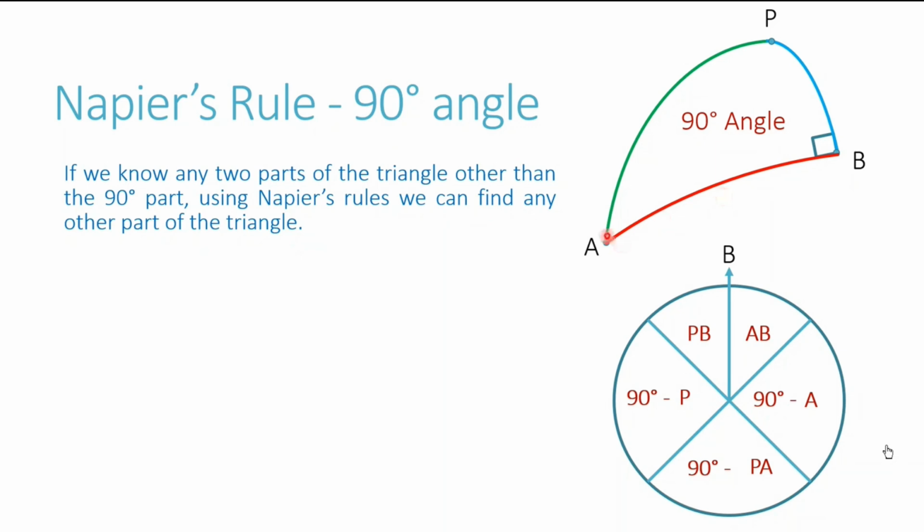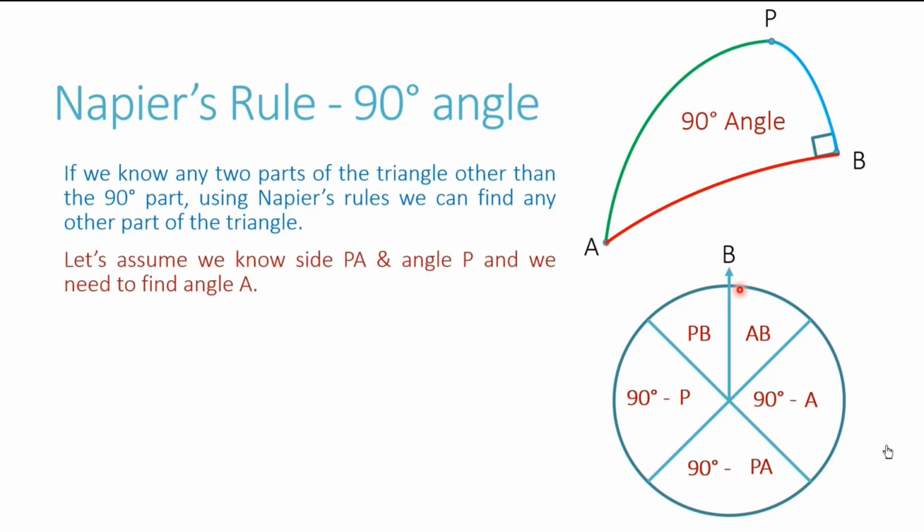So this is the same PAB triangle which we had in the previous slide, and the same cartwheel is filled up at the bottom part. So exactly same. Now, let us assume that in this particular triangle, triangle PAB, we know two parts.